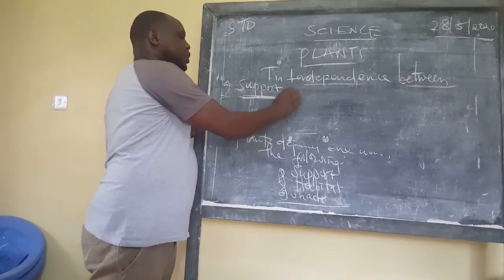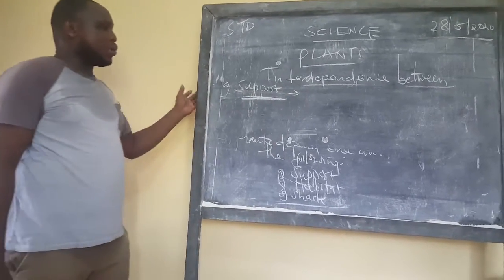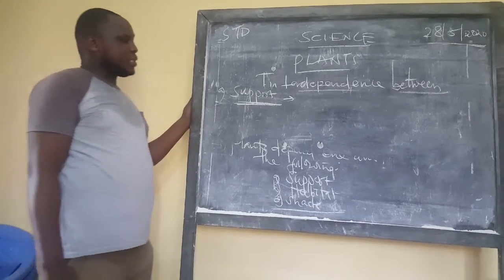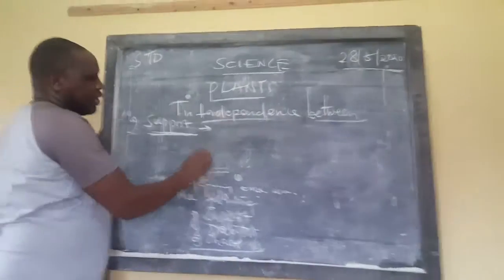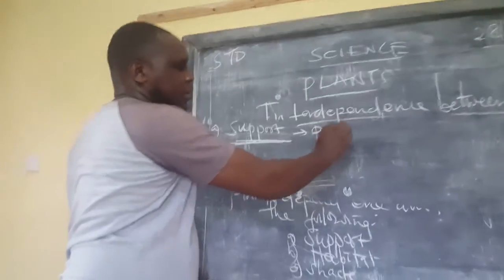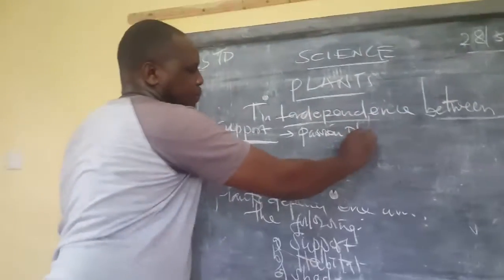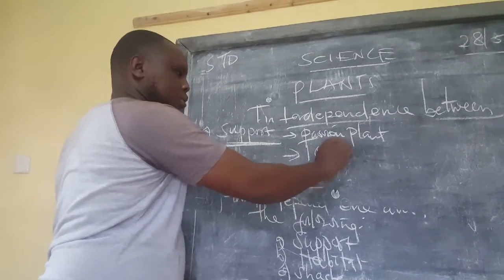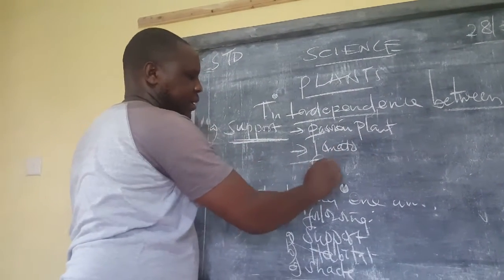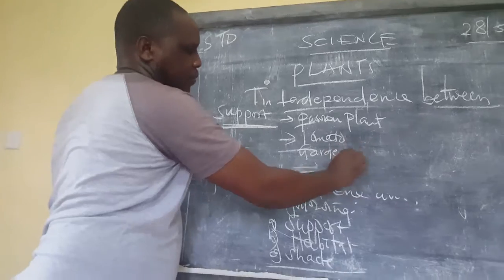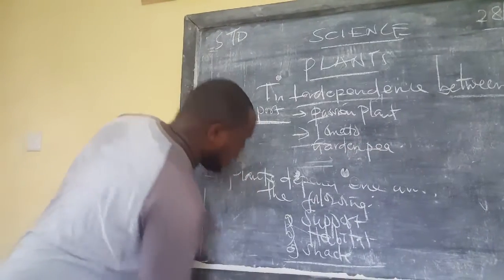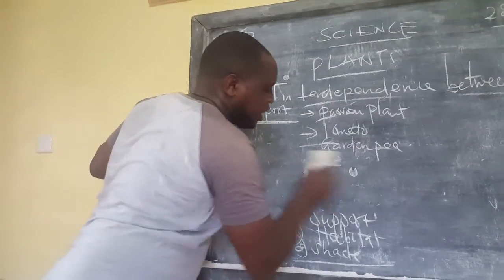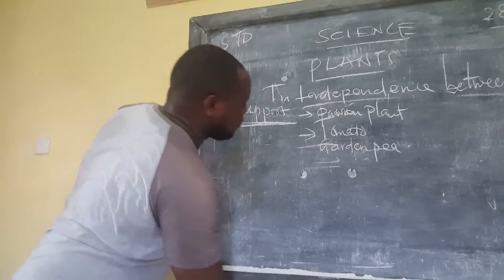I want to give you examples of plants that depend on one another for support. I'll give you an example of a passion fruit plant. Let's talk about the tomato, a garden pea. I'm giving you these examples so that I can show you how they depend on one another.